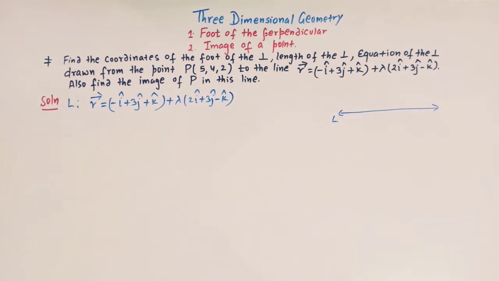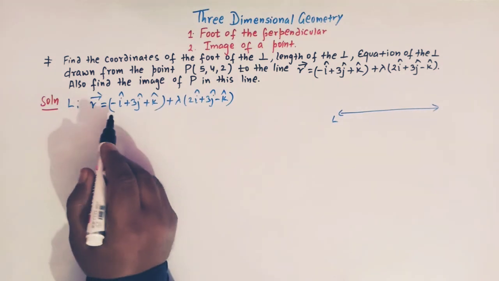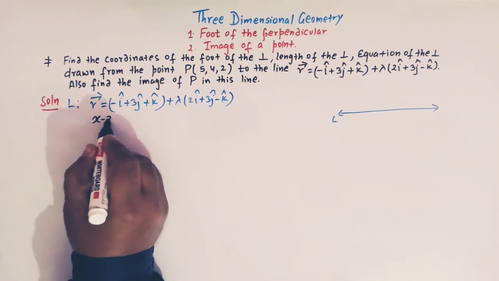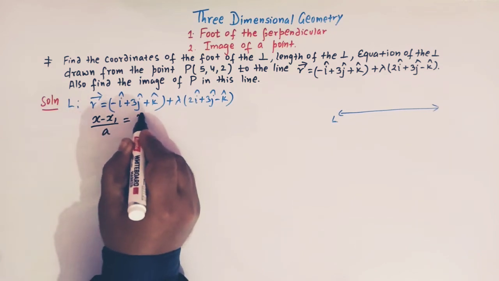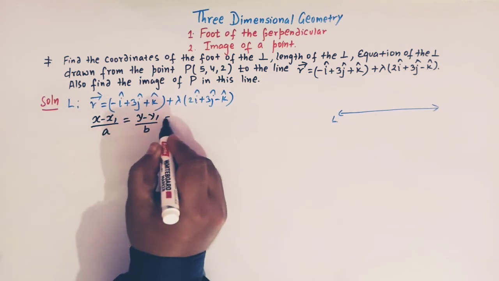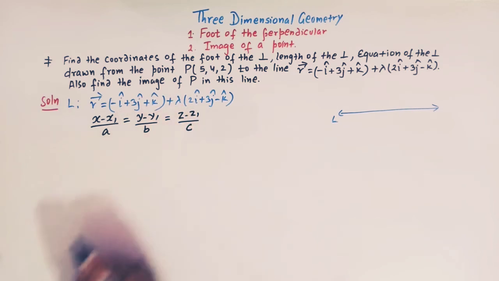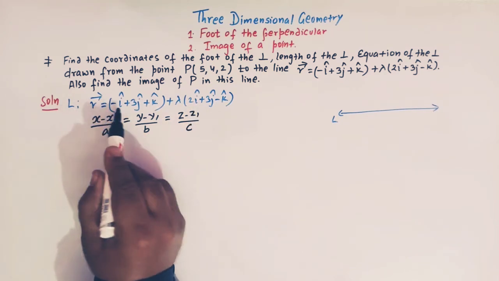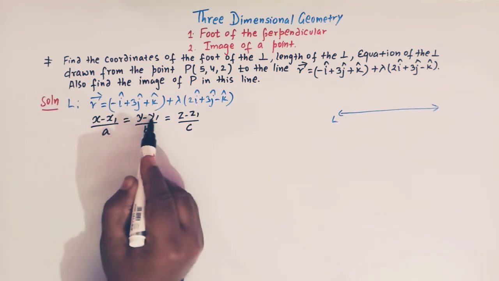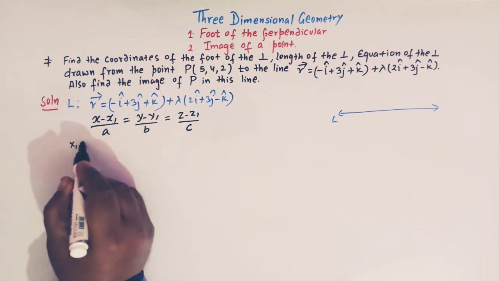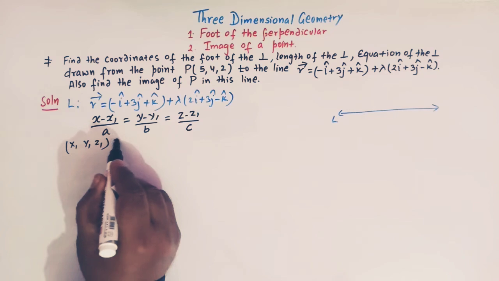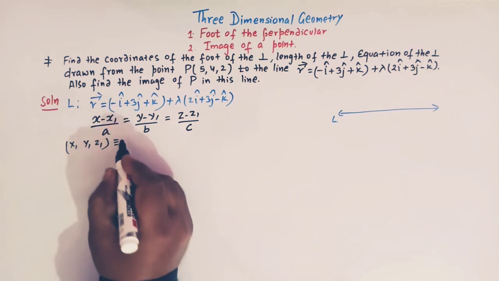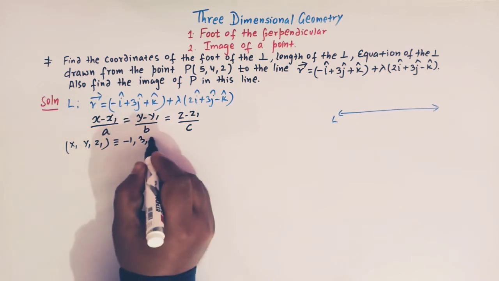Now if we want to convert this vector equation into Cartesian form, we can write it as x minus x1 over a, y minus y1 over b, and z minus z1 over c. This line passes through the point x1, y1, z1, which is the point given here, that is minus 1, 3 and 1.